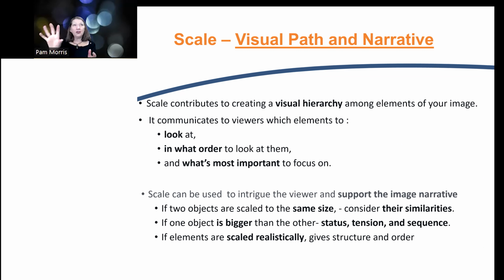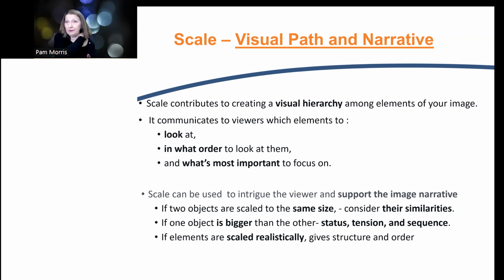And our visual hierarchy is created by the comparative size of each of the elements within our image. And so it allows the viewer's eye to follow around these elements, and their comparative size gives them perspective and proportion, and also provides a narrative to inform the viewer about what we're expecting them to look at, in what order, and what's most important.